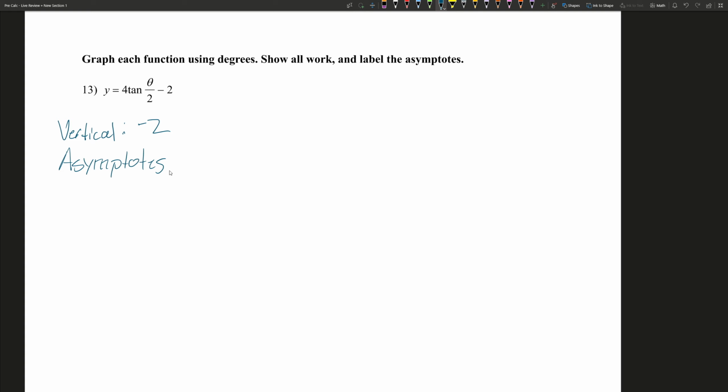Then we find our asymptotes by setting everything inside parentheses equal to pi over 2 and 3 pi over 2. So we get pi and 3 pi. And that's all we need to start graphing.